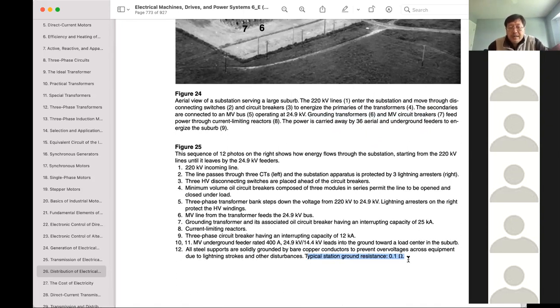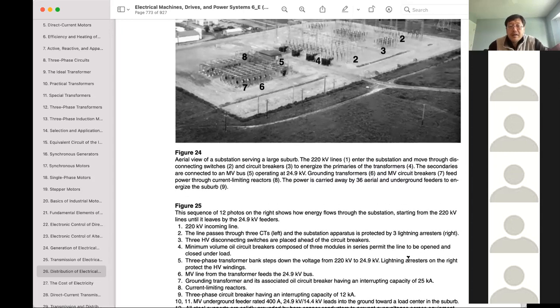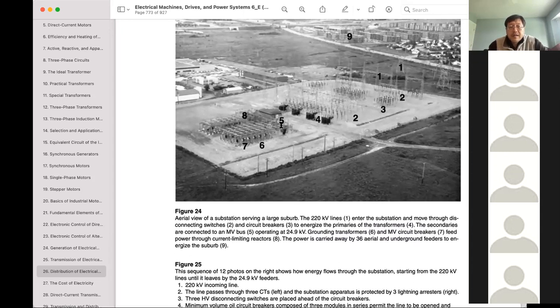Well, in a substation, the grounding resistance is typically 0.1 ohm. So this ground, probably they drill very deep and attach the ground that way. That's how they get that 0.1 ohm.